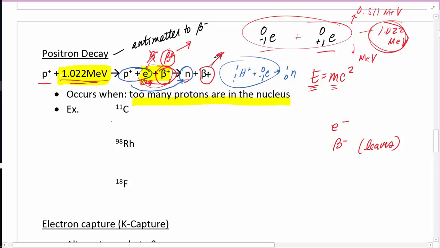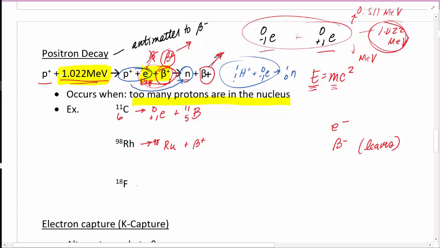So here's some examples. I'm not going to go through all of them, but in a similar vein, if you take carbon 11, just an isotope of carbon, if it emits a beta positron, 0 positive 1e, you end up with boron 11. Or if this gives off a beta positron, you end up with Ru98 plus a beta positron.